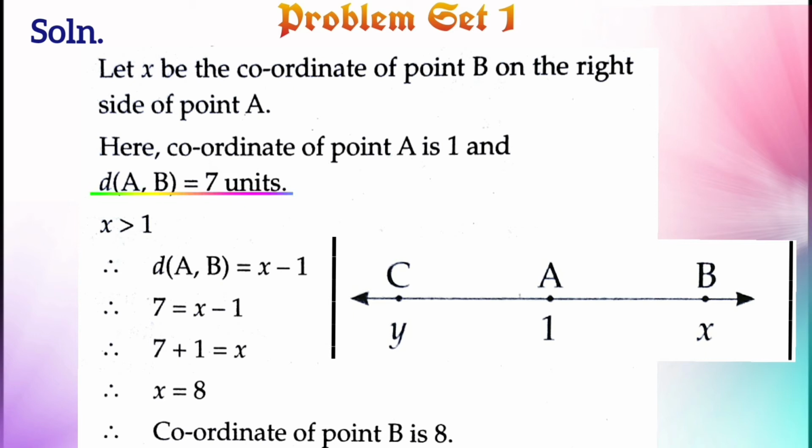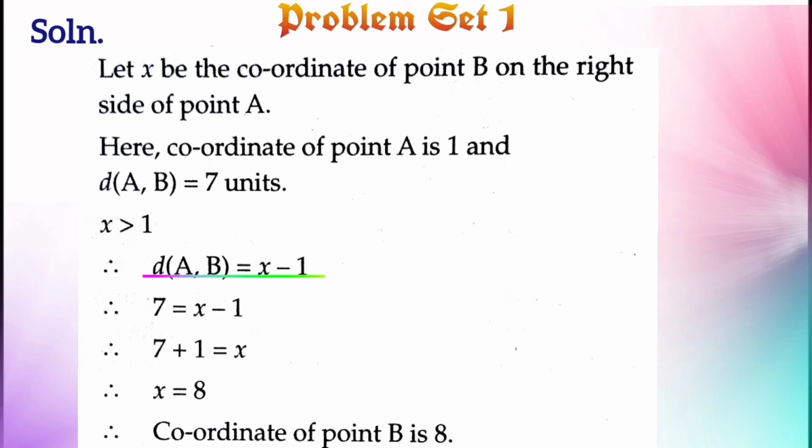So that's why, as we have taken B as the unknown point, the distance between A and B will be 7 units. Here X is greater than 1. Why? Because X is on the right side of 1. So therefore X is greater than 1. Therefore the distance between A and B is equal to X minus 1, that is greater coordinate minus smaller coordinate.